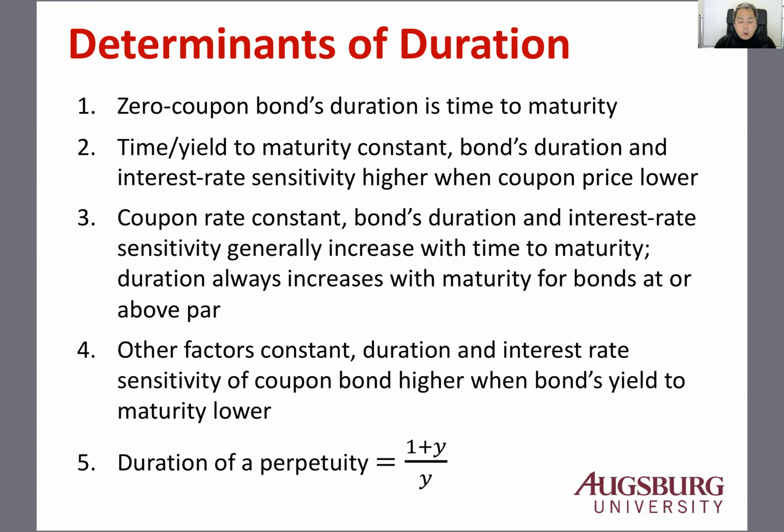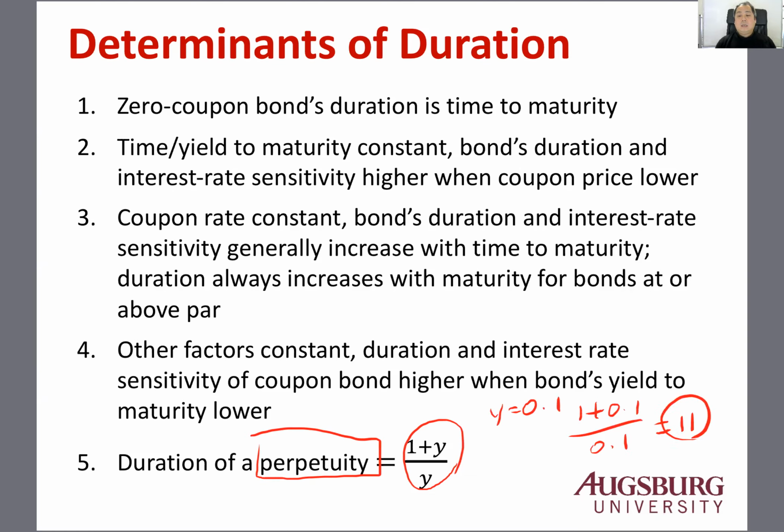Finally, we can also calculate the duration of a perpetuity. A perpetuity never matures. The duration of the perpetuity is just the formula 1 plus y divided by y. So if y is 10%, then 1 plus 10% divided by 10% is 11 years, the duration of a 10% perpetuity.